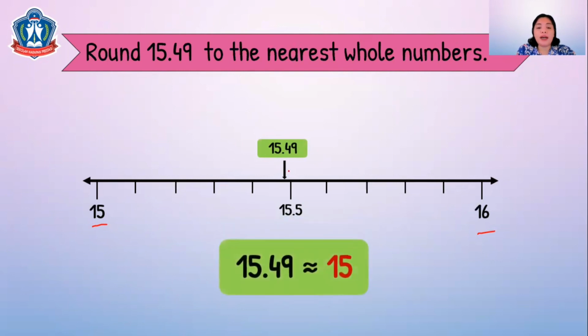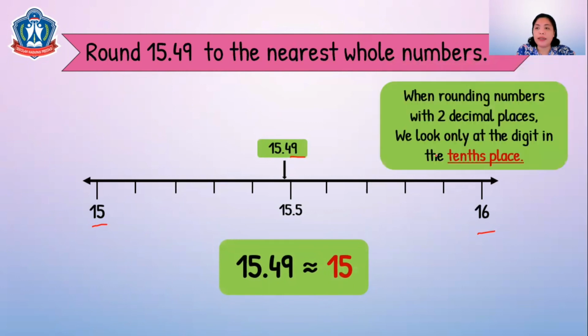If we round numbers, children, that have two decimal places, take note of this. We only look at the digit in the tenths place. Focus only on the number that is nearer to the whole number, and that is the number 4. 4 is still below half, so it means we will round down.